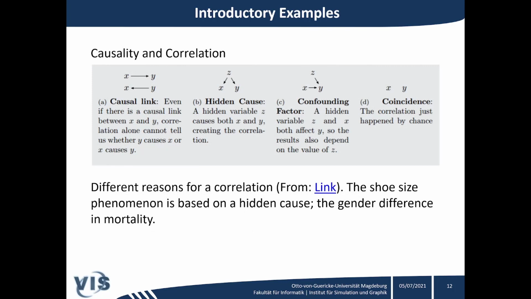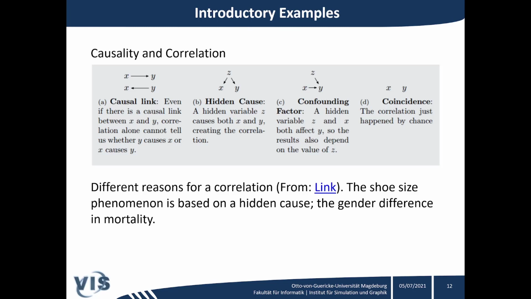Here you can see 4 different types of causality. So the causal link describes the phenomenon that even if there is a causal link between x and y, correlation alone cannot tell us whether y causes x or x causes y. The second type is a hidden cause, thus a hidden variable z causes both x and y, creating the correlation.